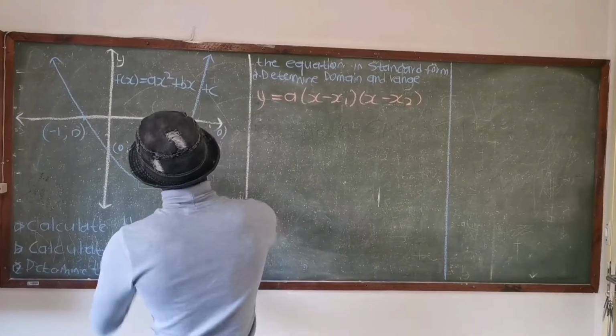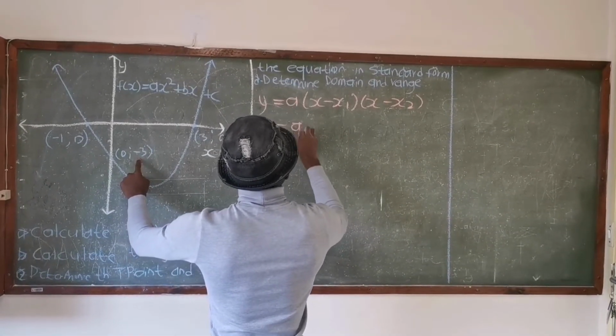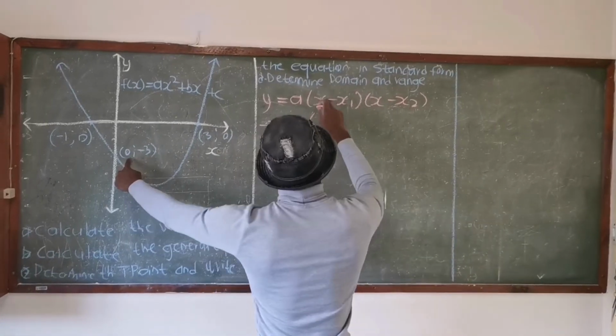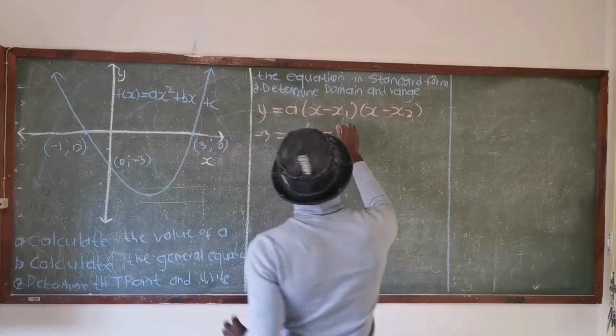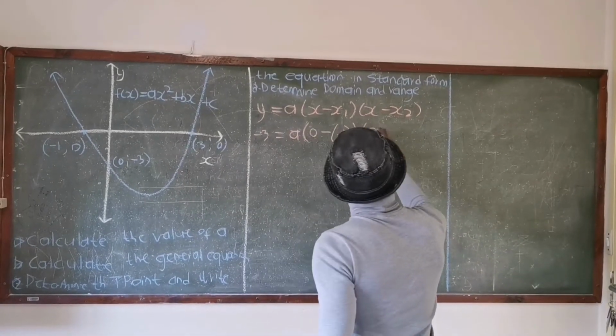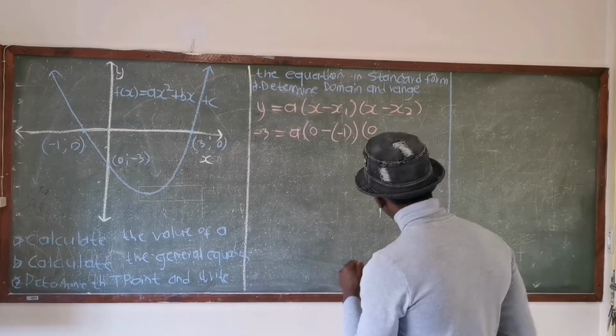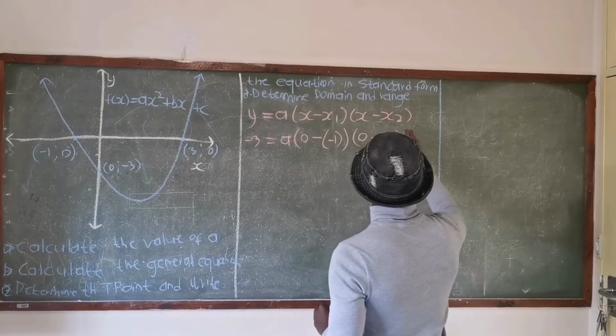So for y, we're going to substitute negative 3 equals a into the x value here, which is 0, minus, then we substitute negative 1 into the x value. Then we do that again in the next bracket, where we substitute 3.